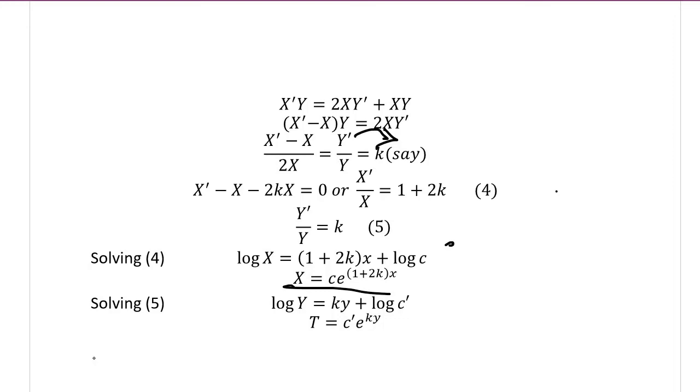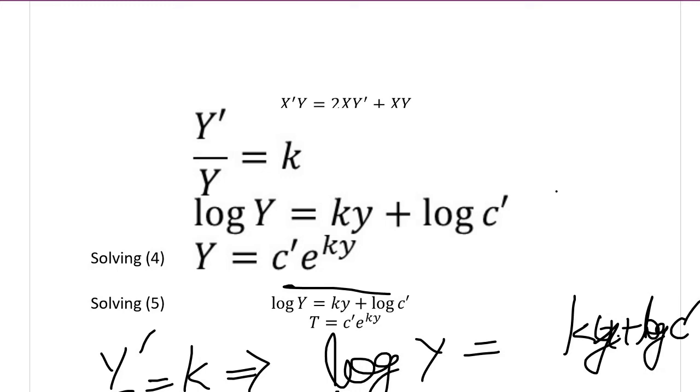Now integrating both sides, I'll get log Y = ky + log c'. So we will be left with Y = c' times e raised to ky. That is what is written here: Y = c' e^(ky).